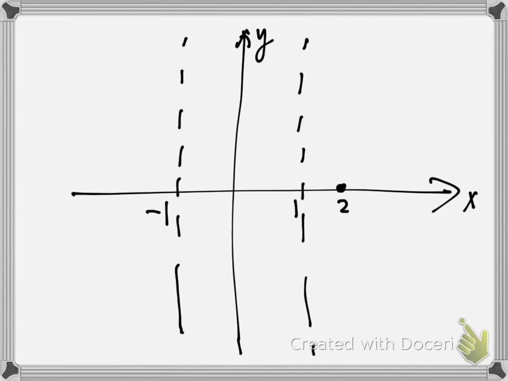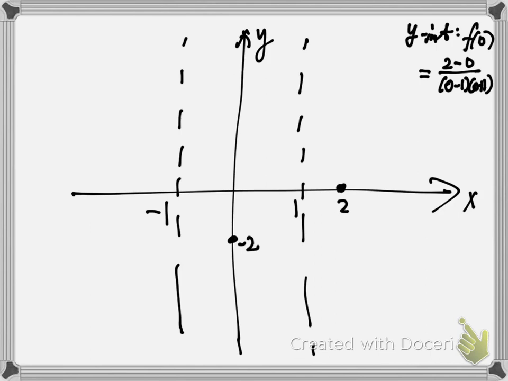So what's y-intercept? So y-intercept, we plug in 0, right? We need to know f of 0. So f of 0 is 2 minus 0 over 0 minus 1, 0 plus 1. So it's 2 over -1, so it's -2.